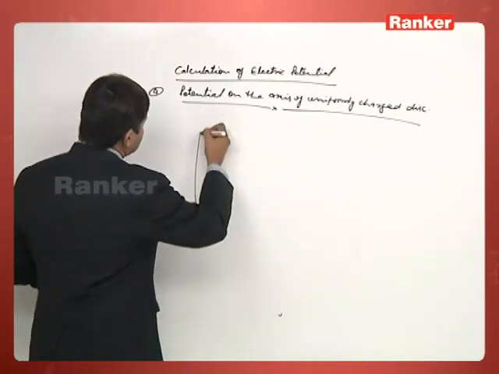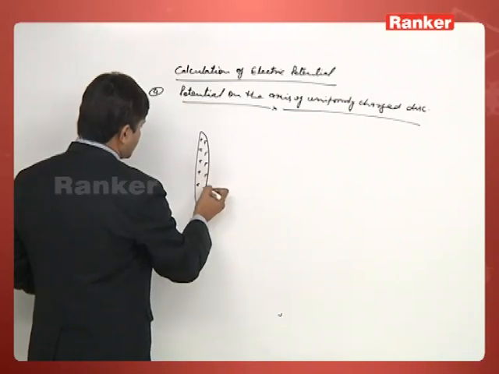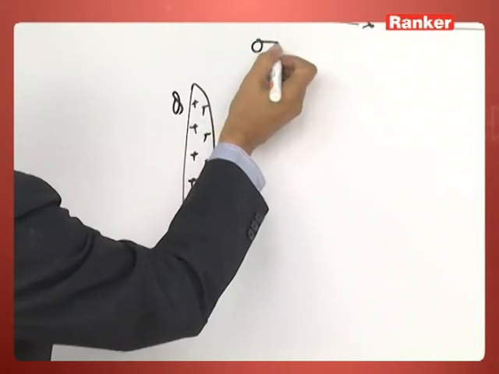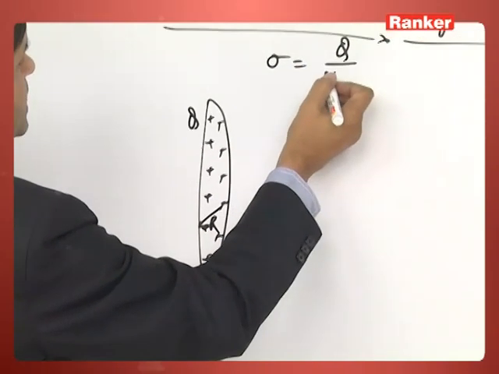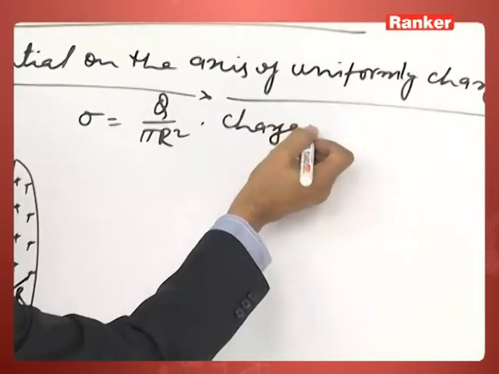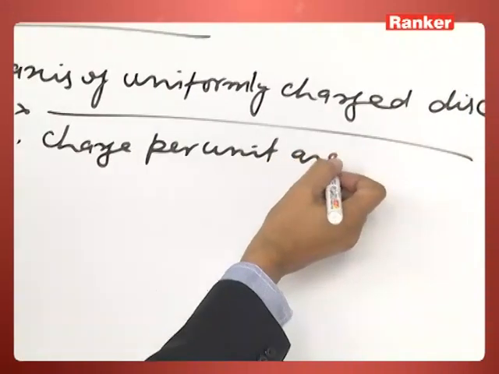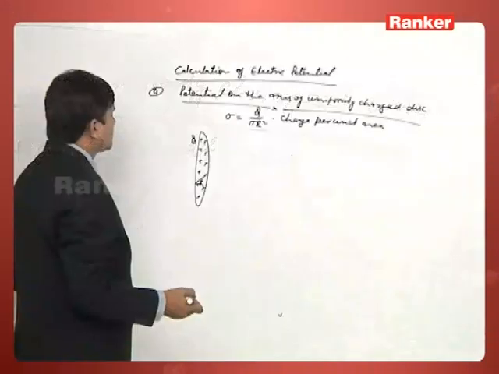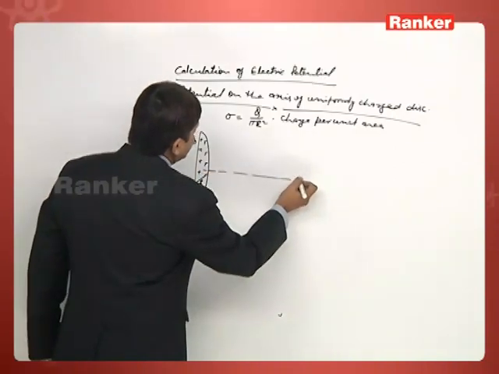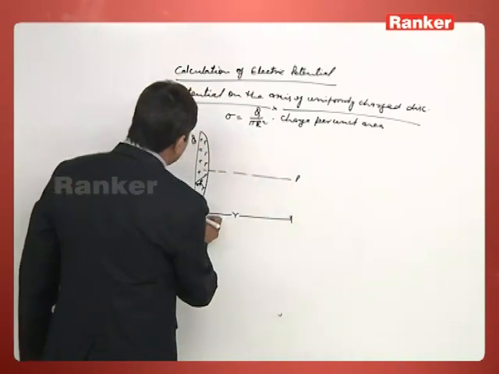Let this be your disk and it has charge Q, radius R. Sigma is the charge per unit area. Now, we want to find the potential at point P, which is distance r from the center of the disk.